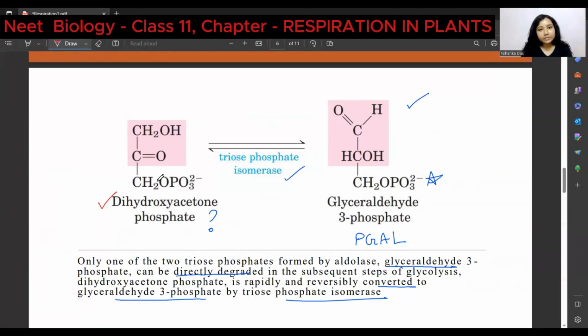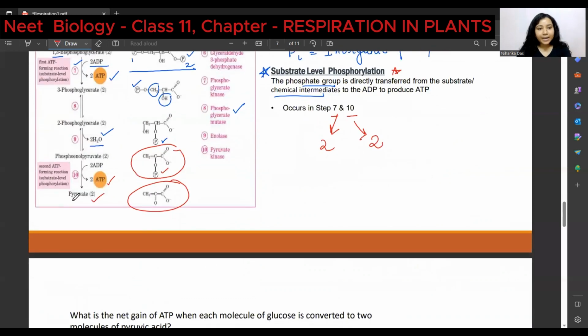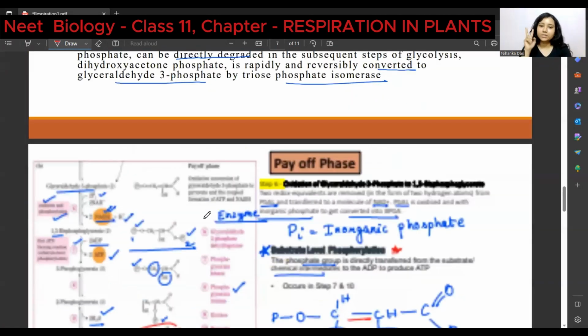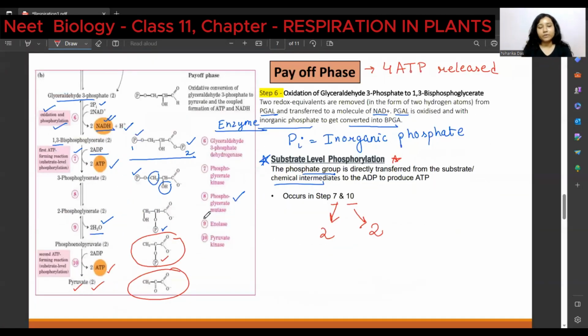So glyceraldehyde 3-phosphate is forming 1 pyruvic acid, and dihydroxyacetone is forming another glyceraldehyde 3-phosphate, which is converting and forming another pyruvic acid. That is why in the payoff phase there are 2 products forming, and that is why all these are written as 2 molecules.